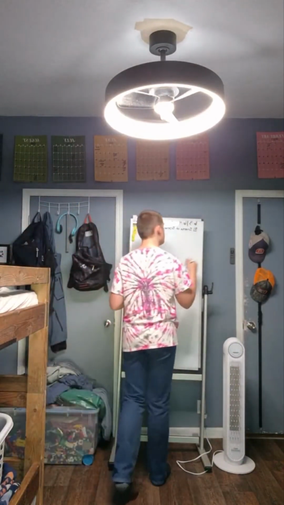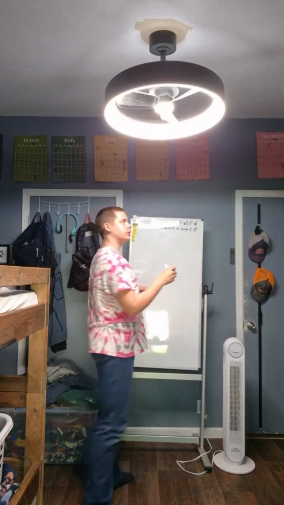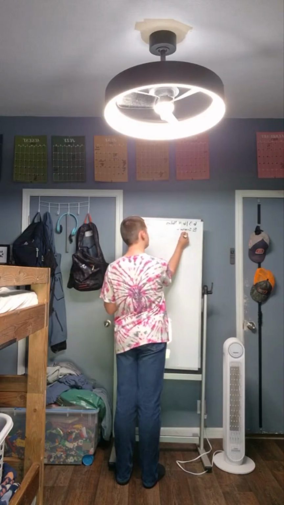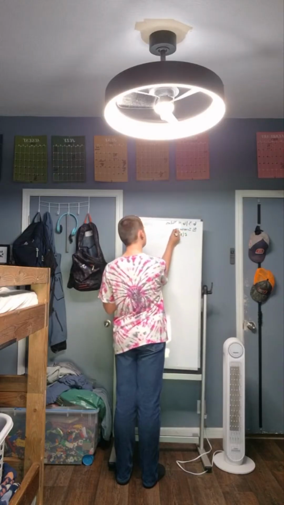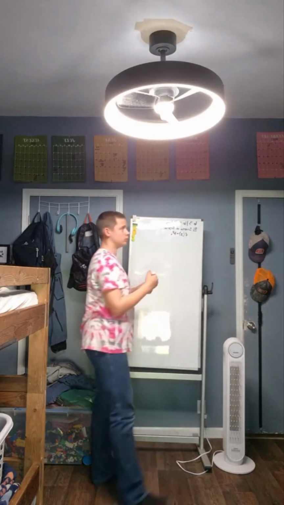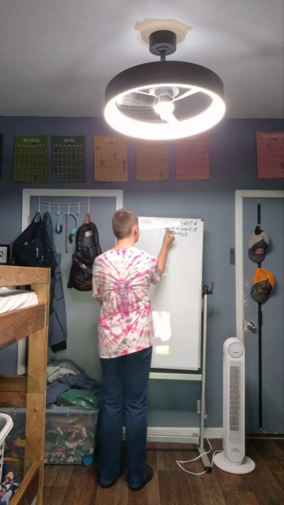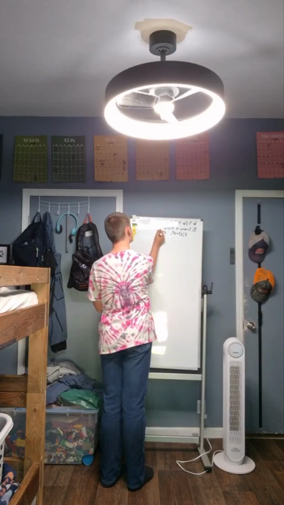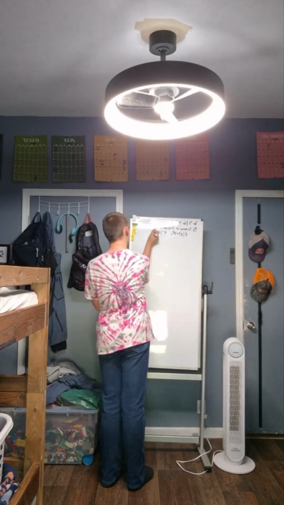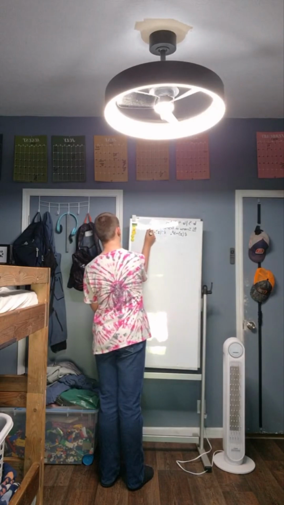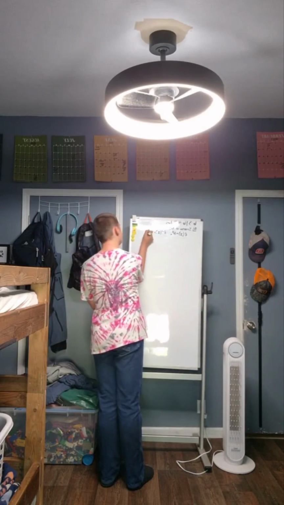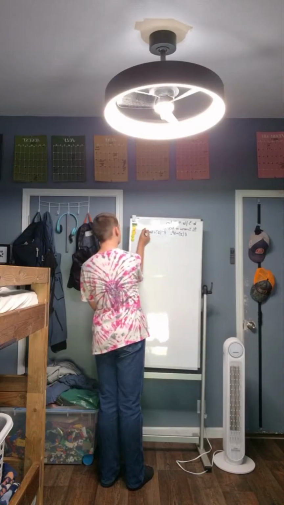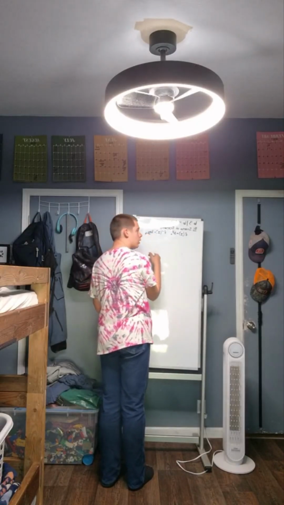So if f of x is equal to b to the power of x, then f to the power of -1 of x is equal to log base b of x.